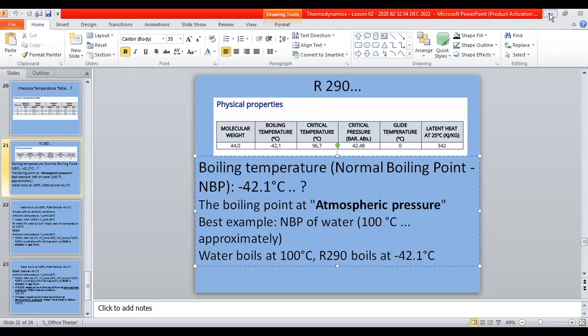We just got this from the internet. You know this is a gas cylinder.